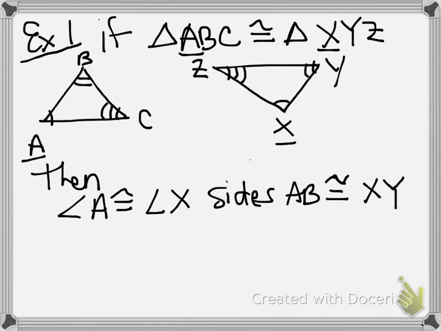Side AB is congruent to side XY. Angle B has two marks, and over here angle Y has two marks, so it's congruent with angle Y. They are second in order in the way we wrote them, so they correspond. A corresponds with X, B corresponds with Y.